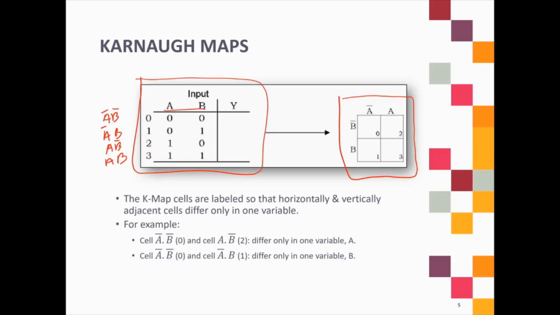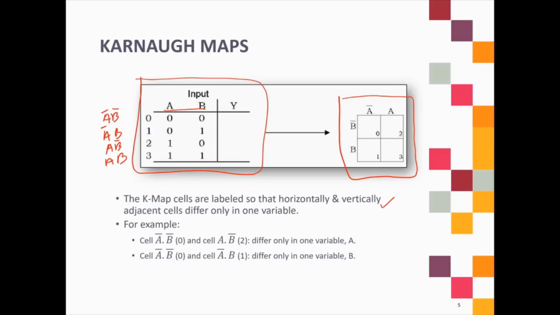So how are you going to label, or where should you put your variables, for each cell? This is the condition for how you can label your K-map. K-map cells are labeled so that horizontally and vertically adjacent cells differ in only 1 variable.